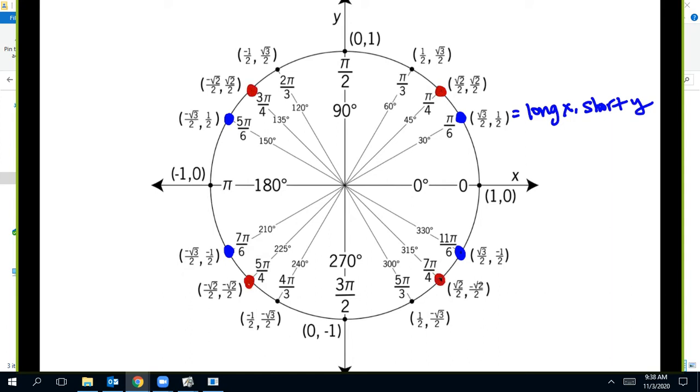And they're in the middle of each quadrant, and they have same x and y. And then we have our over 3s here, which have the opposite of the first one, so a short x and a long y.